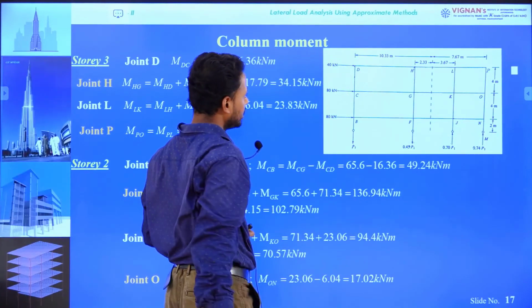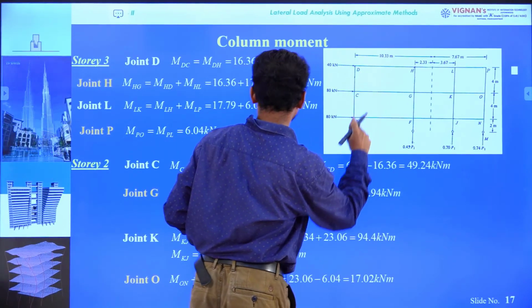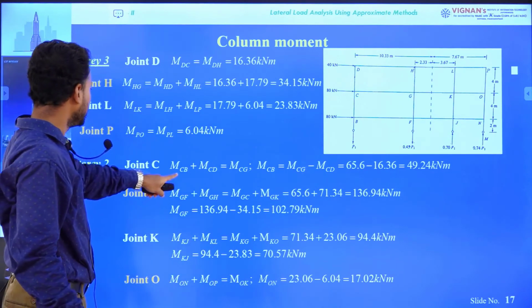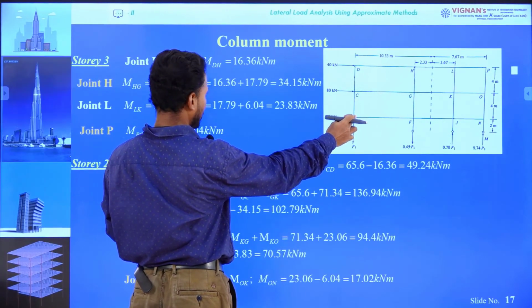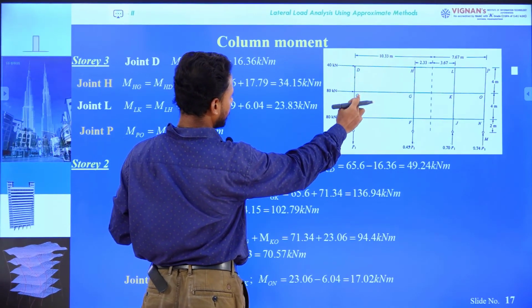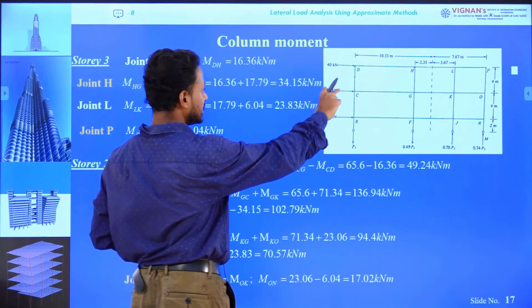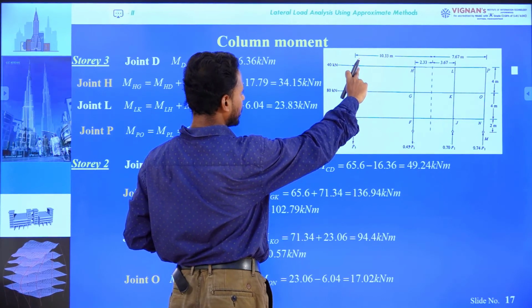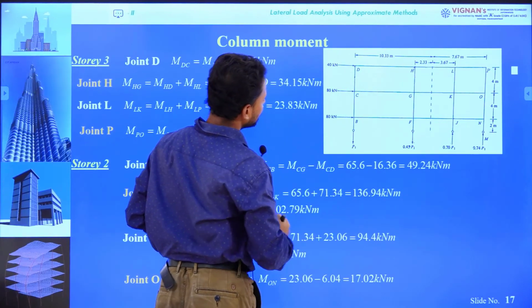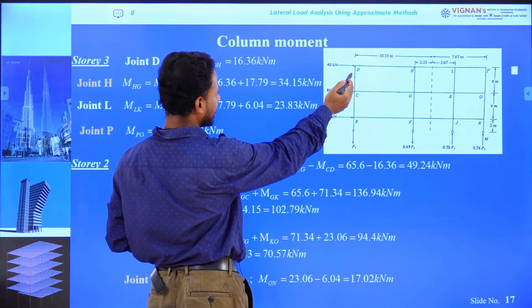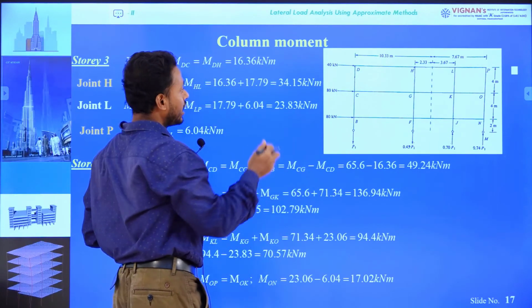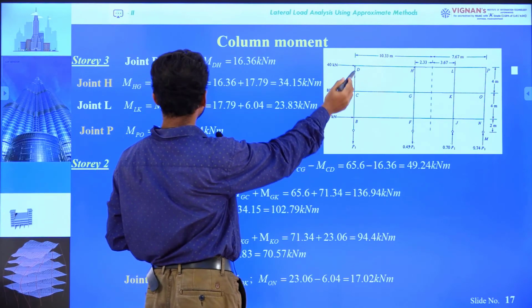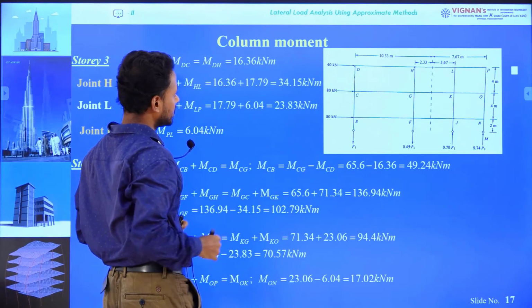Come to the second story. What will be the column moment of BC? The column moment of CB plus the column moment of CD will be equal to the beam moment of CG. This column moment plus this column moment will be equal to this beam moment. So, we calculated the beam moment CG in the previous slide, and here we calculated the beam moment of CD, that is 16.36.